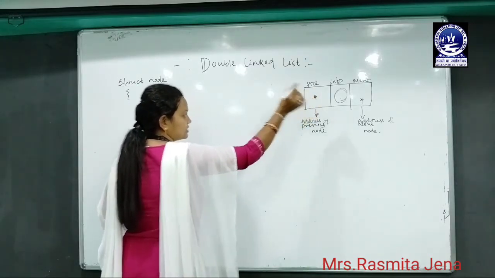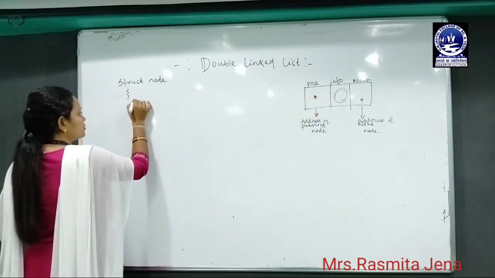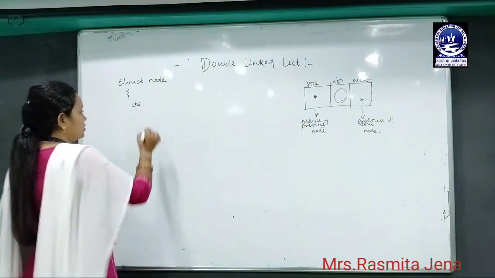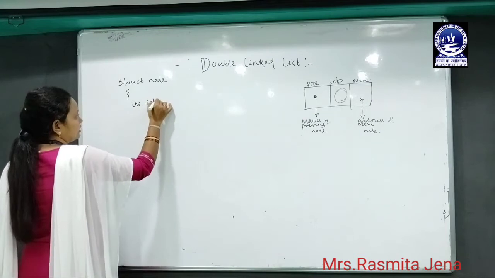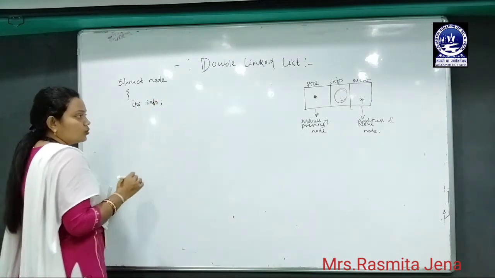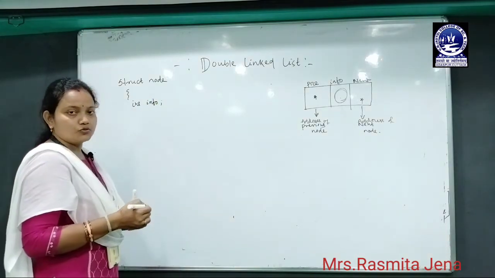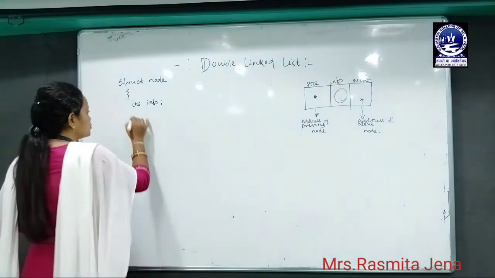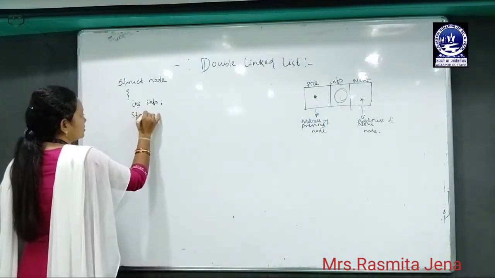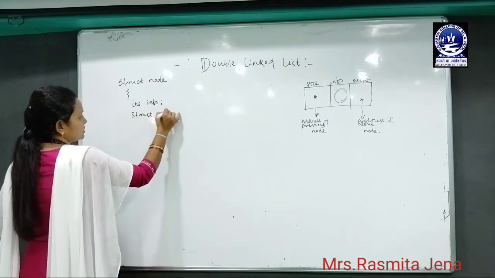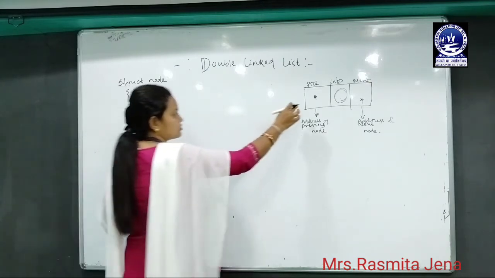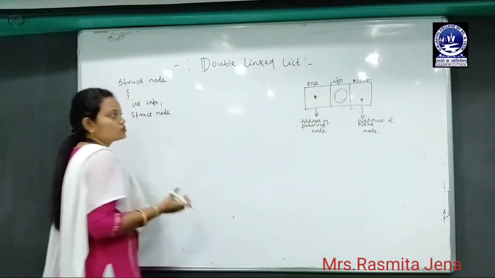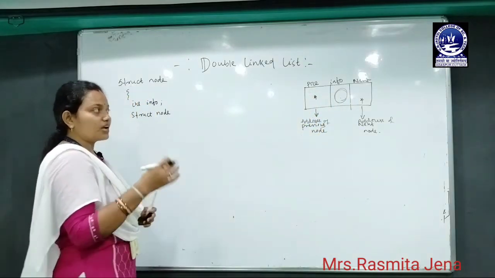In a double linked list, it has one info part. Suppose the info part contains one integer data, so we declare it int info. Then we must declare two pointers which hold the next node address as well as the previous node address. So I write struct node, because it will hold the address of a node, so we must declare the same type of pointer.